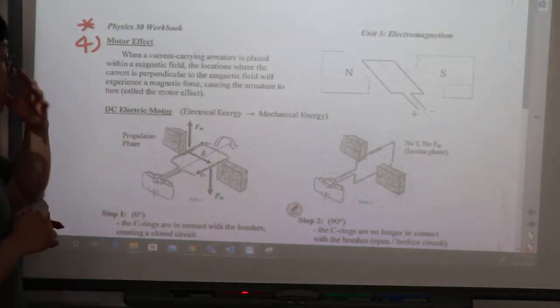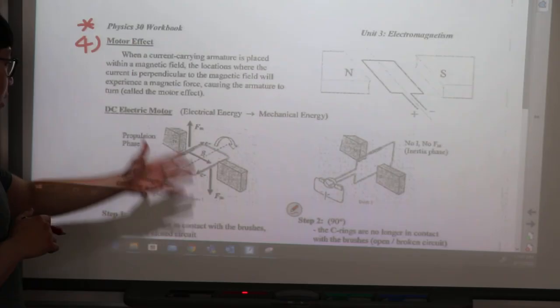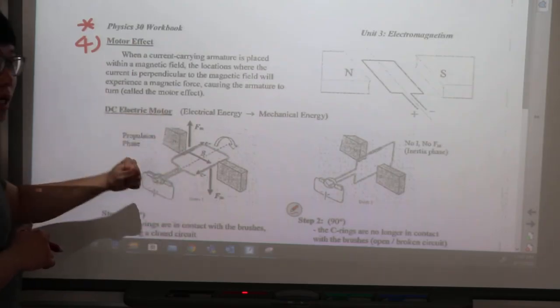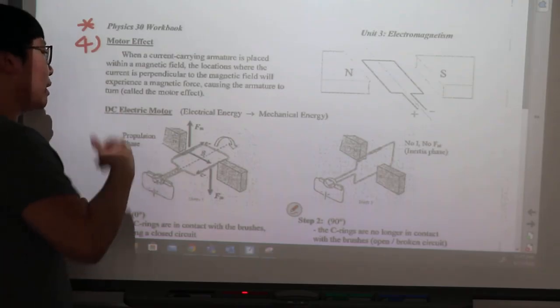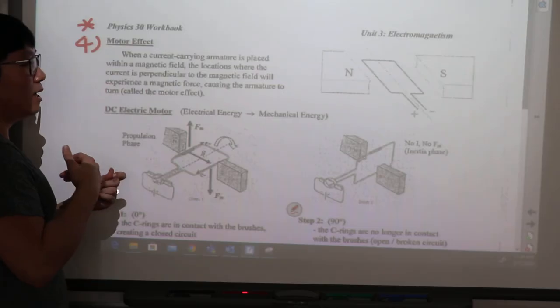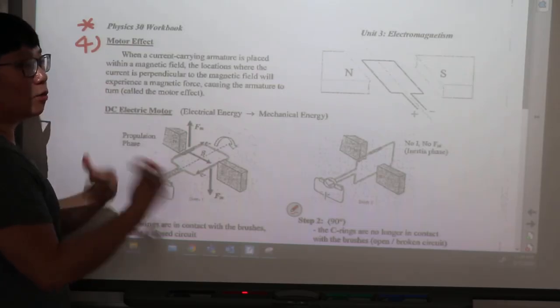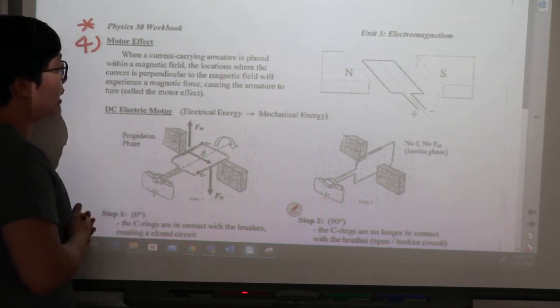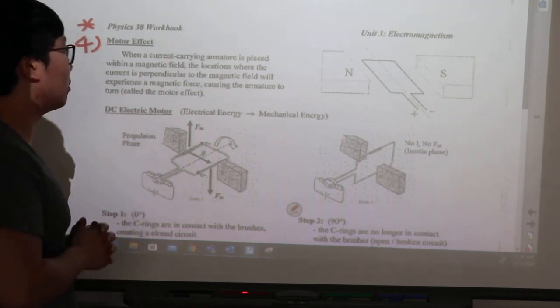But in any case, first thing first, there's DC and AC. DC is direct current and AC is alternating current. Alternating current is a much better technology because DC, imagine, is direct current in one direction. Alternating current is multi-direction. But in any case, long story short, let's look at the motor effect.